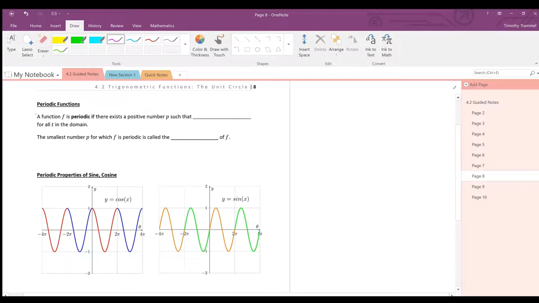So mathematically, a function f is periodic if there exists a positive number p such that f of t plus p is equal to f of t. In other words, adding this special number essentially has no impact on the output. And the smallest number p for which f is periodic is called the period.